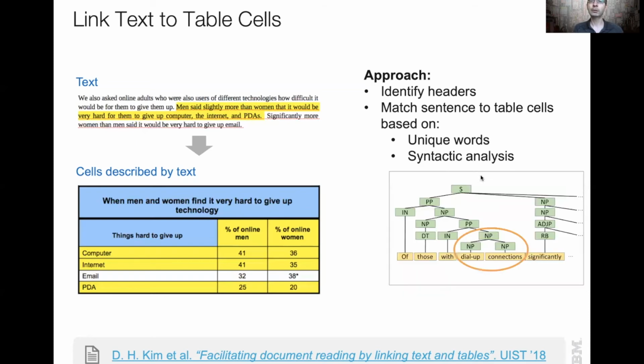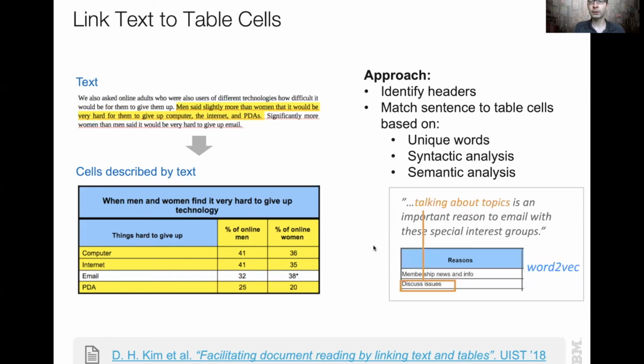Then they utilize a syntactic analysis of the sentence to understand the hierarchical structure of the text and try to find structural subcomponents, for instance, the subphrase dial-up connections, that they then try to match to the table cells. And finally, they go beyond syntactic analysis and try to do semantic analysis by using word2vec.